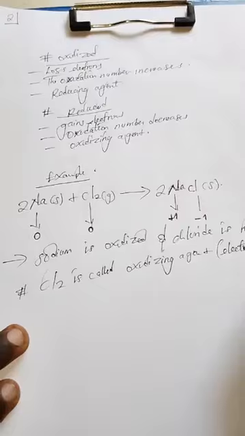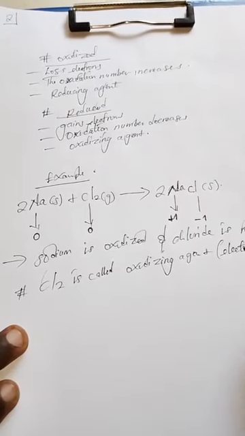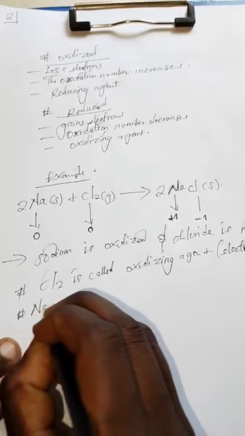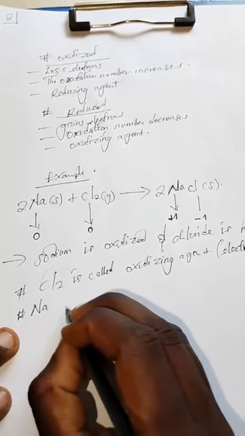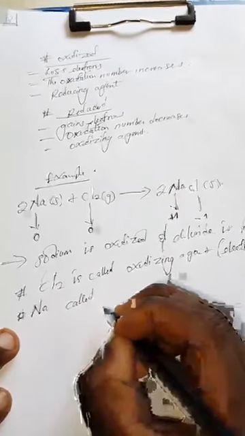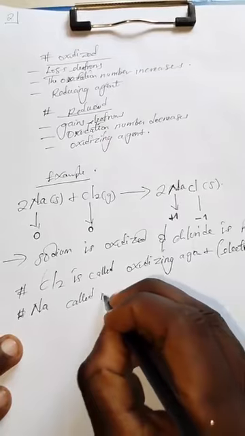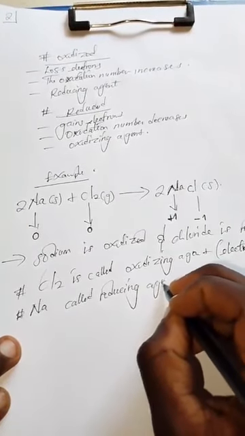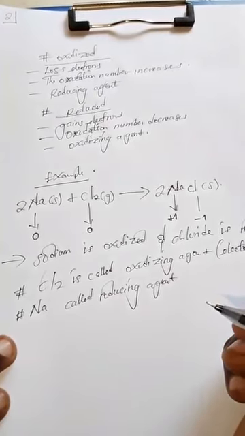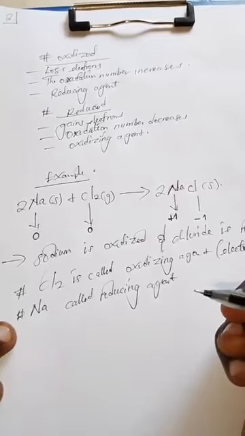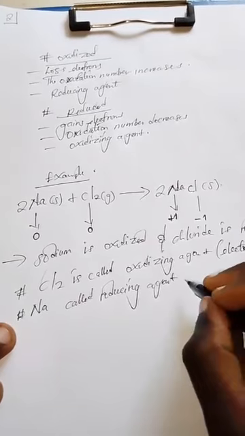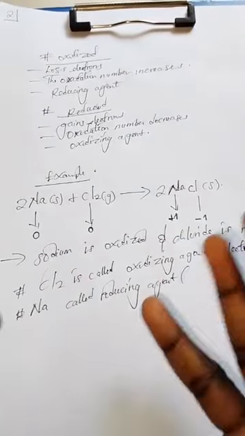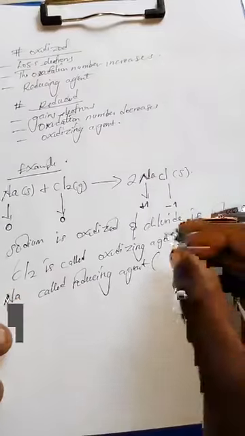Then sodium will be called the reducing agent, because there is loss of electrons and the oxidation number increases. So this will be an electron donor, the one giving out electrons.